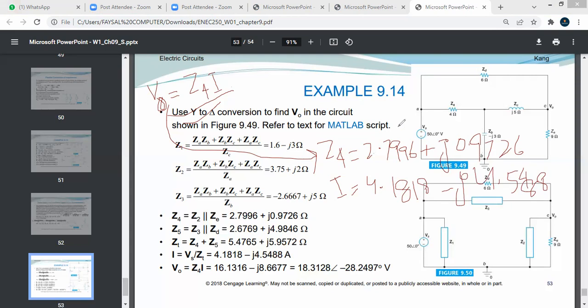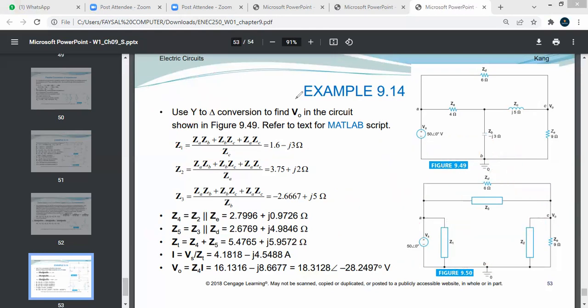So my V naught value will be equal to 18.3128 with the angle minus 28.24 degrees V. So this is the way, just multiplying the value of Z4 with the value of I. So this is the completion of example 9.14.